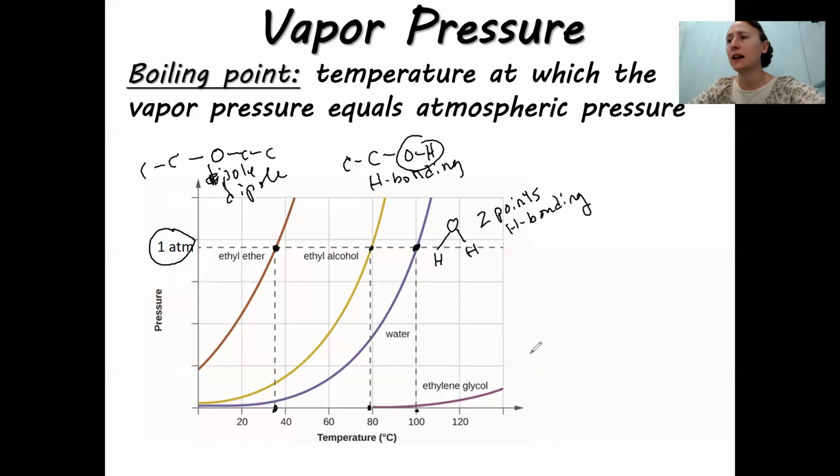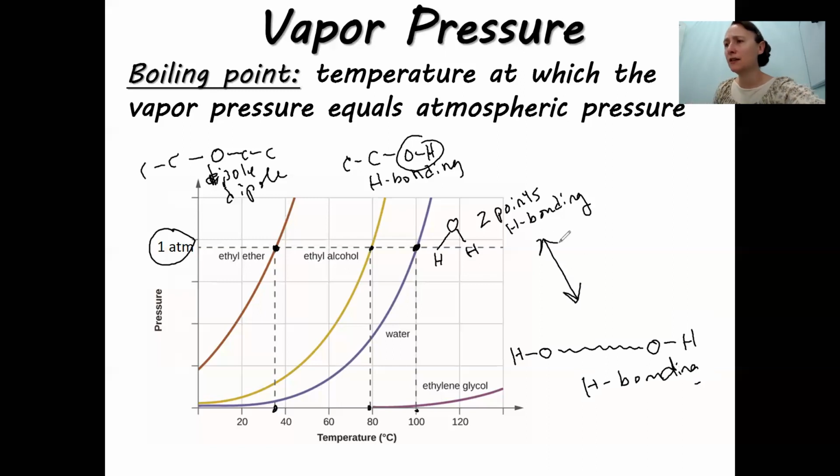And then ethylene glycol, I won't draw the complete structure, but it has some carbon and hydrogen in the middle, and it also has 2 hydrogen bonding groups. So when you compare water to ethylene glycol, they both similarly have H bonding, or 2 points of H bonding, but this one is bigger, and so it has stronger dispersion.